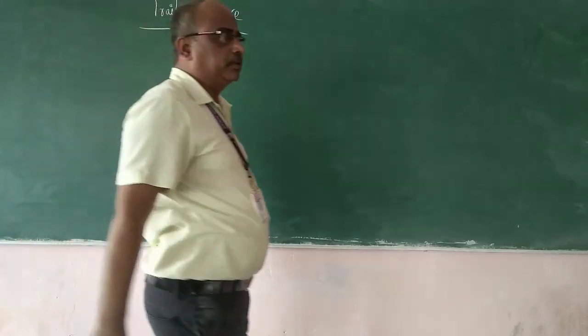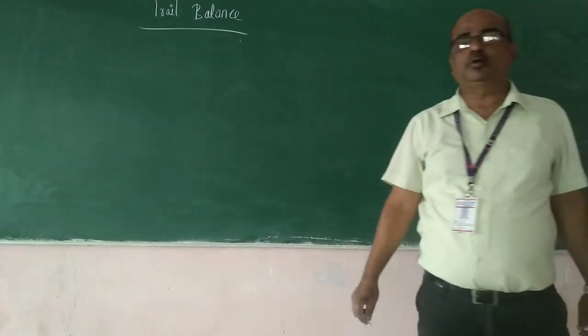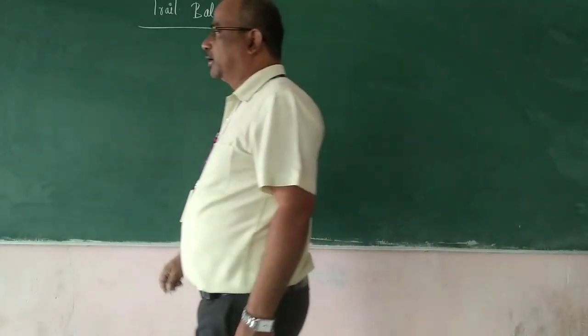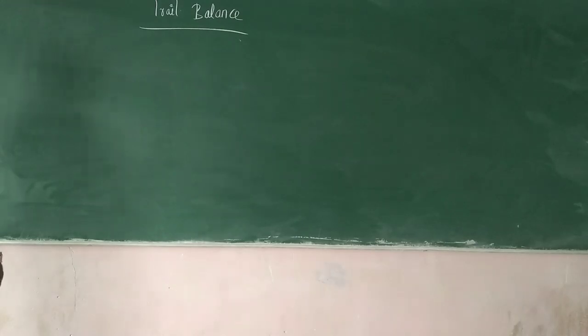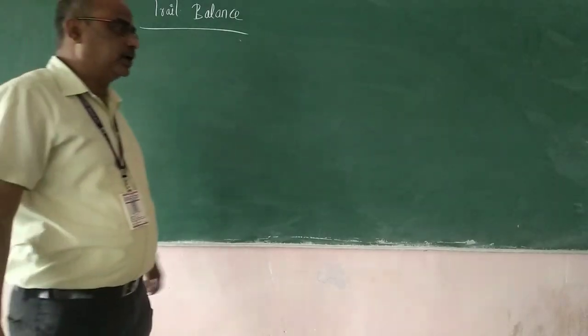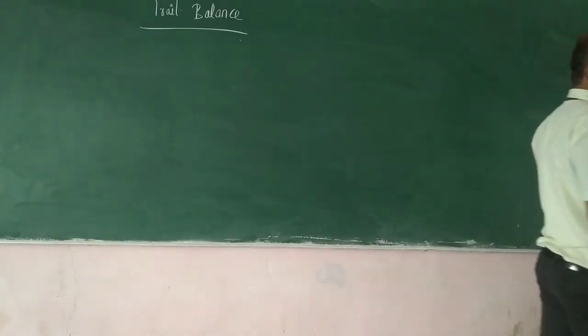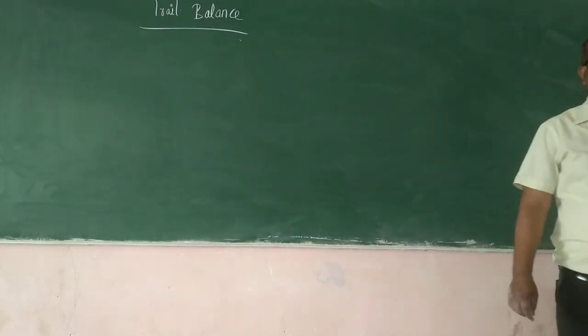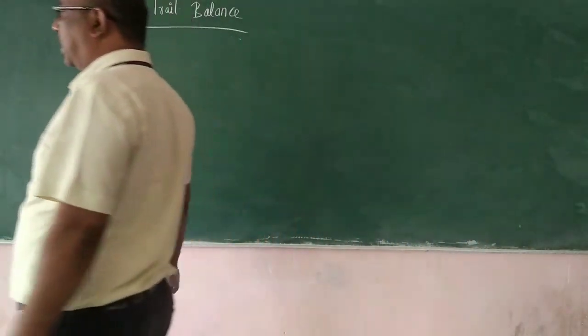Already in the previous sessions, I have taught you how to pass the journal entries, post them into the ledger, balance, and then prepare the trial balance. And we have also learned rectification of one-sided error and two-sided error as well.